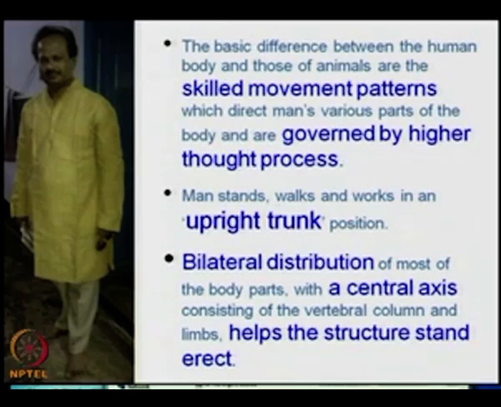Man stands, walks and works in an upright trunk position, and the bilateral distribution of most of the body parts around a central axis consisting of the vertebral column and limbs helps the structure stand erect.